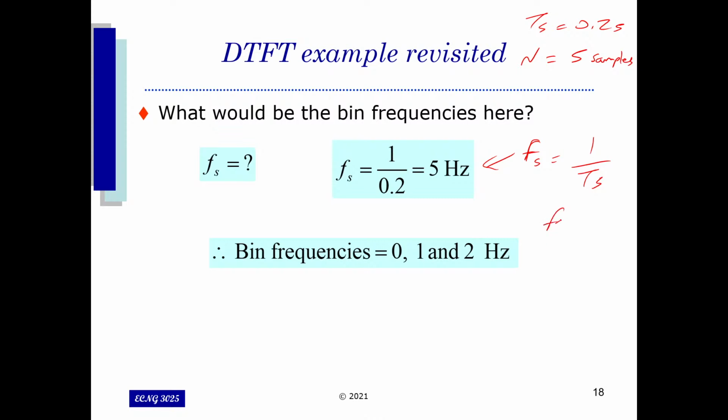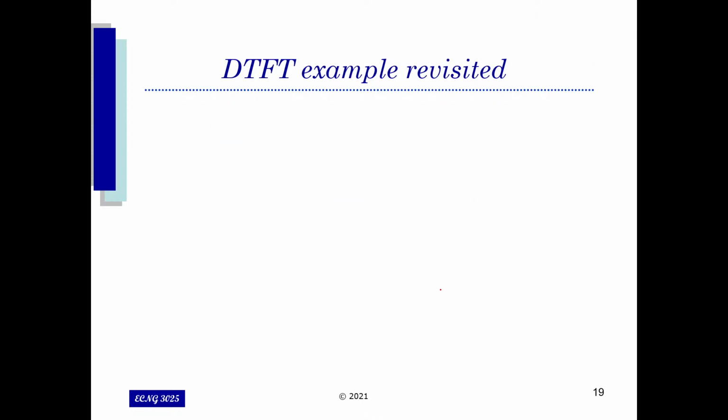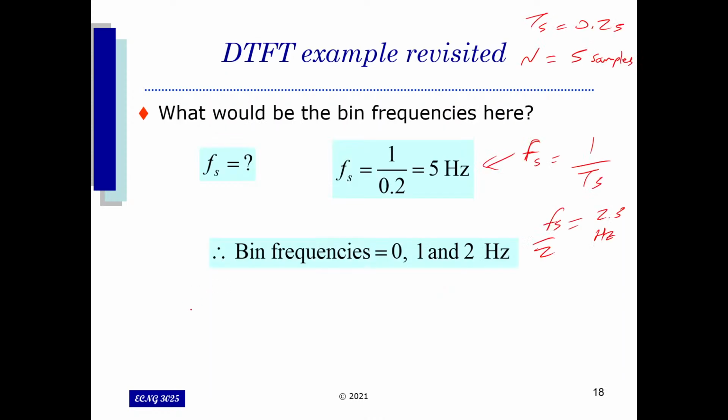So we can say here f_s divided by 2 is equal to 2.5 Hz. But we also know here that the bin frequencies also go such that they are k f_s divided by capital N, where k goes from 0, 1, all the way up to N minus 1.